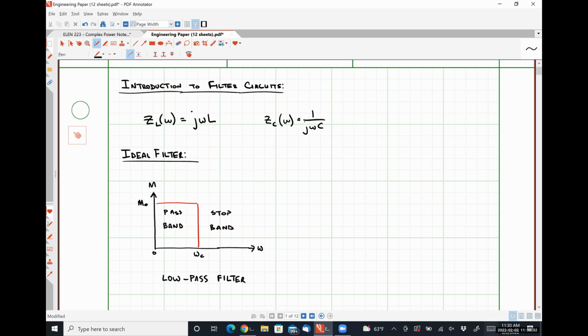Okay. The opposite of our low pass filter is the high pass filter.